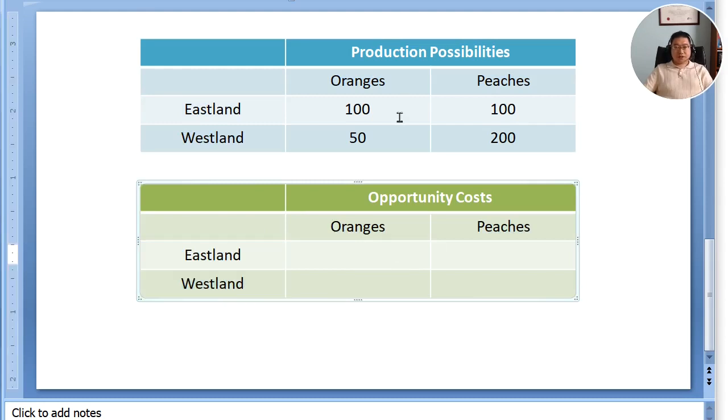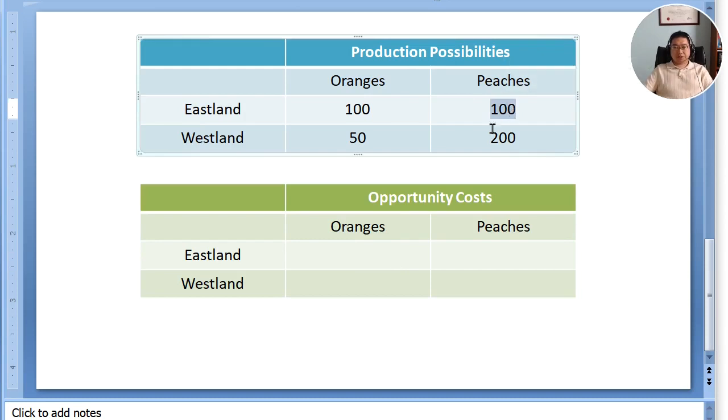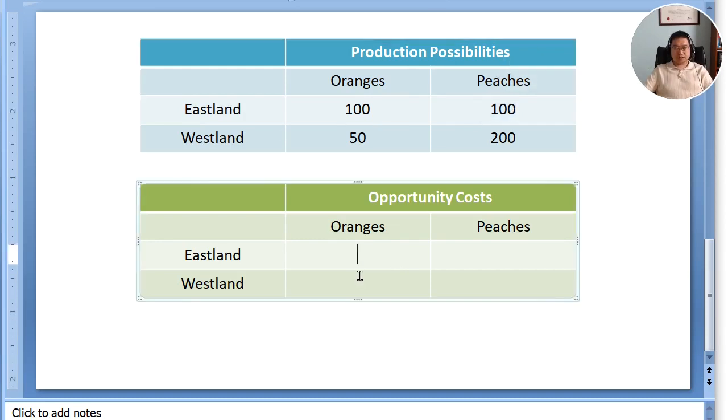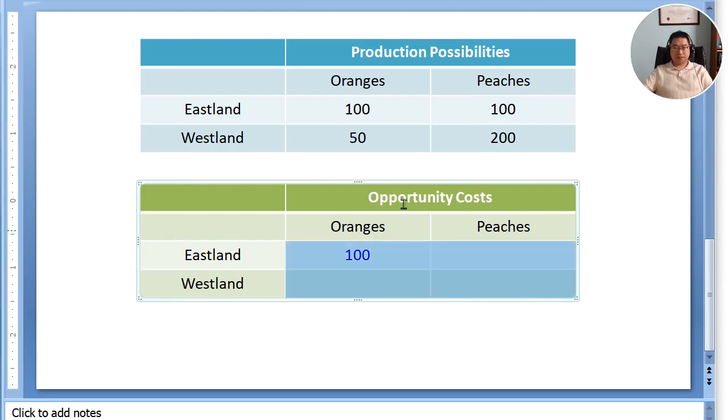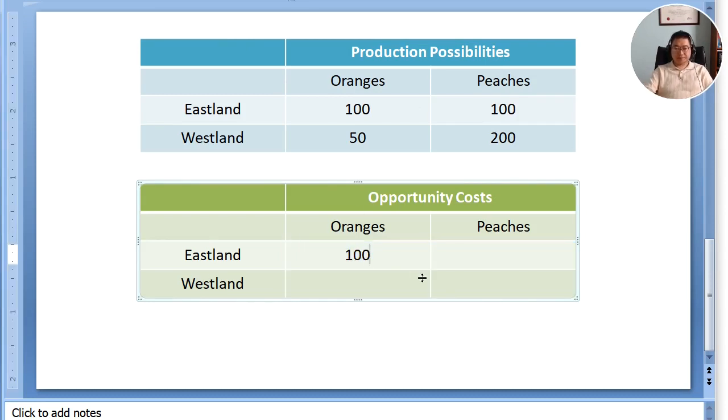For oranges, I need to give up peaches to produce oranges. So it's 100 divided by 100.